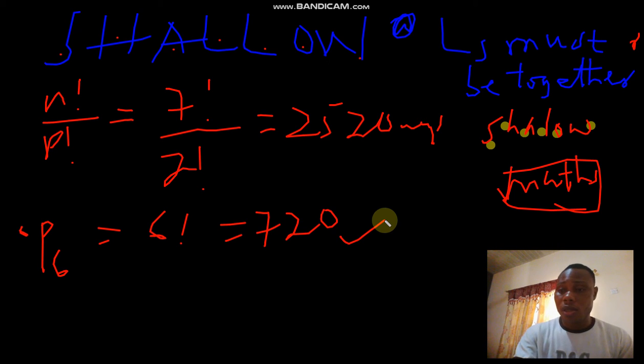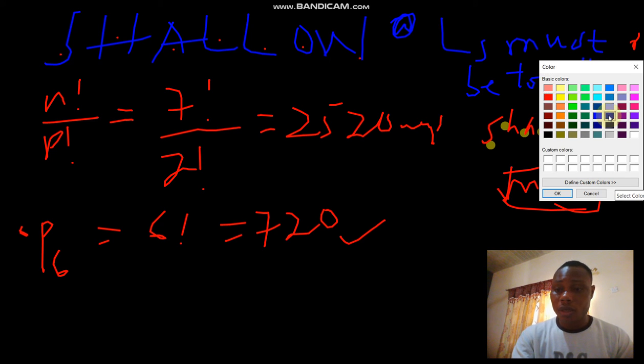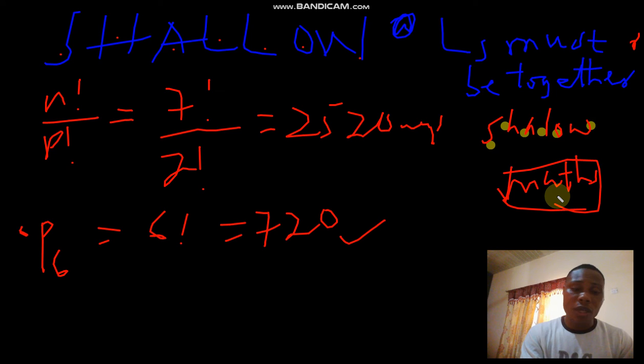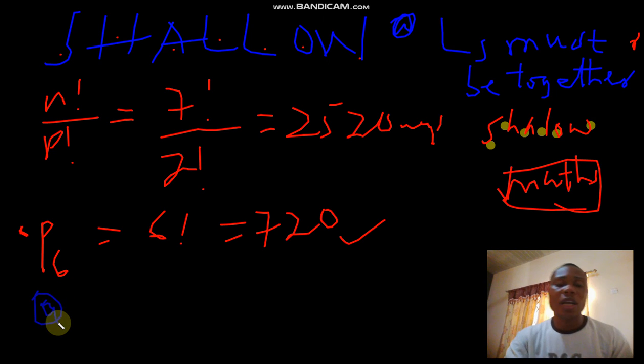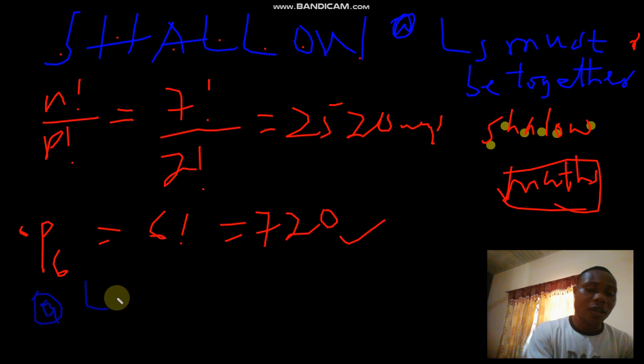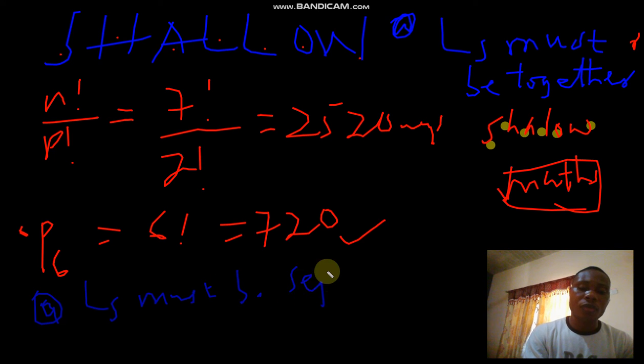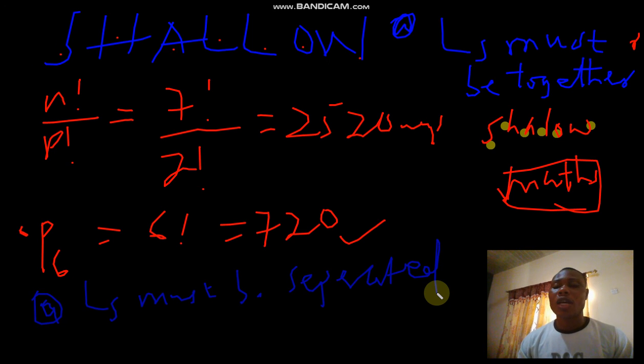Part B says you should find the number of ways of arranging the letters of the word SHALLOW if the L's must be separated. What does that mean?